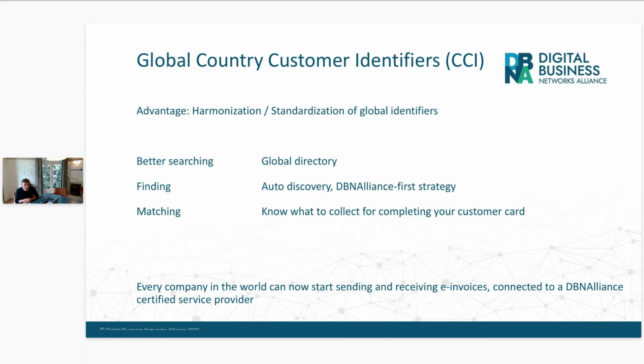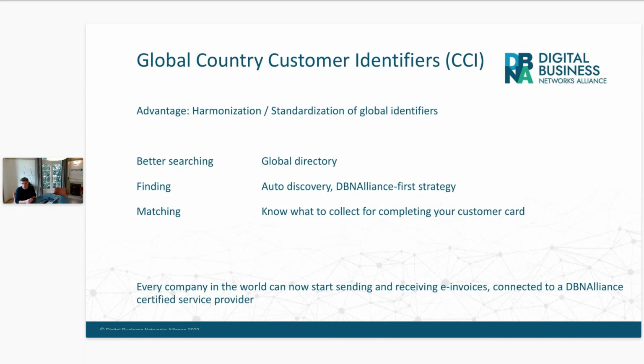And for that reason, you will be able to match based on the identifier. So the sender puts the identifier in the invoice and receives the receiver, the customer. And for that reason, you know what to fill out your customer card with, which identifiers, if you want to send to South Africa or if you want to send to Japan via the DBNA network, you only have to register the identifiers that are stipulated in the policy.